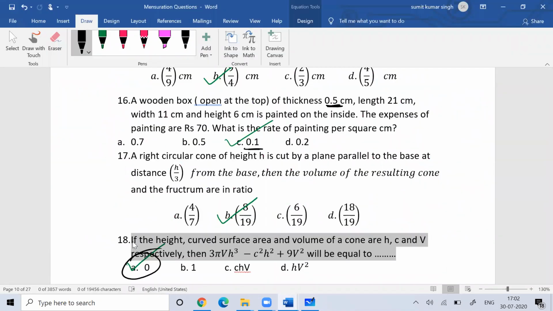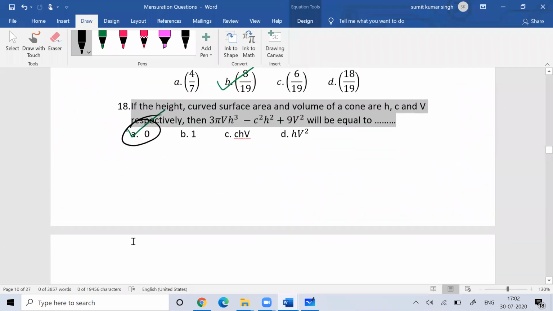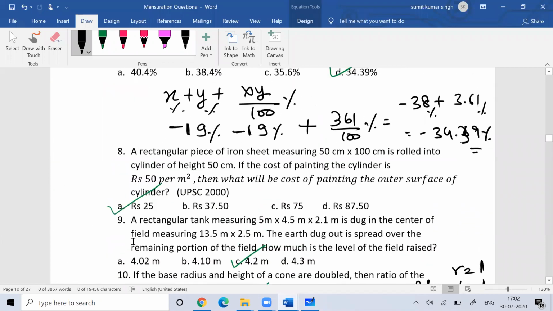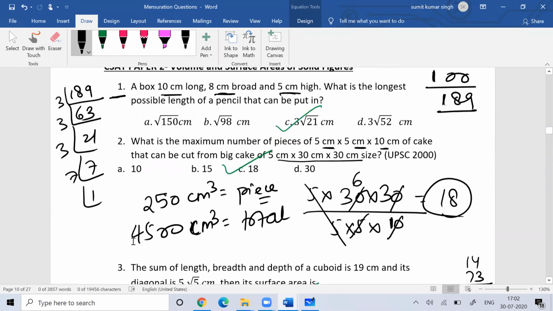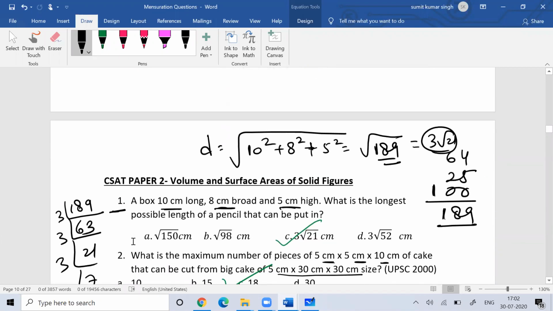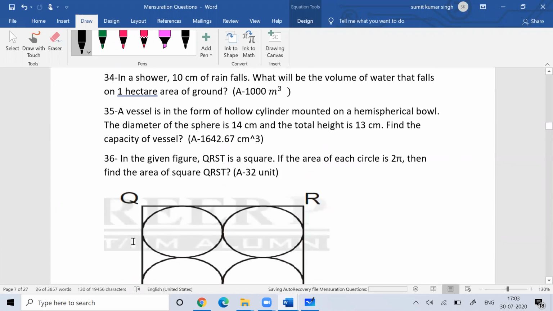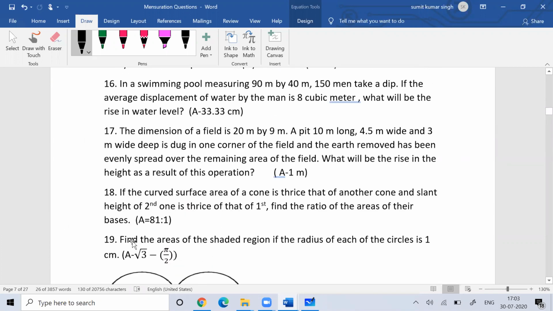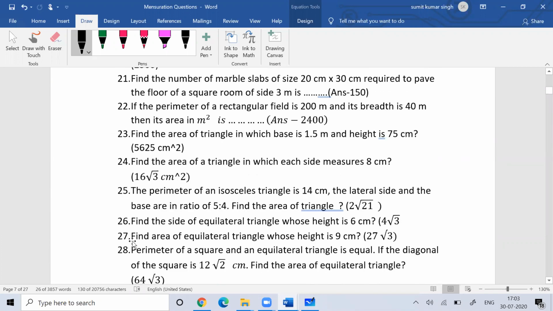Fine. So these are all the questions which I thought to discuss in this chapter, where we talked about the volume and surface area of solid figures. Before this, I have done around 3 sessions where I discussed a lot of problems.